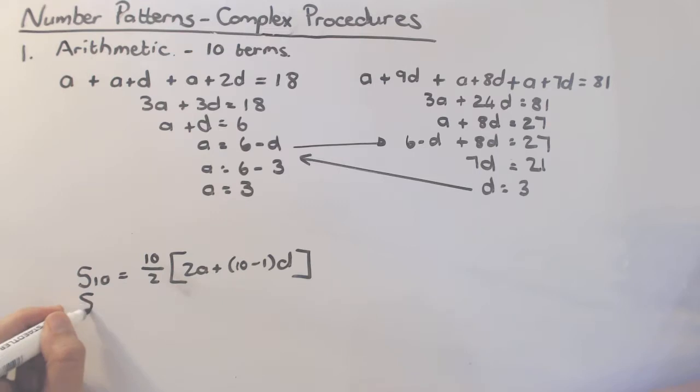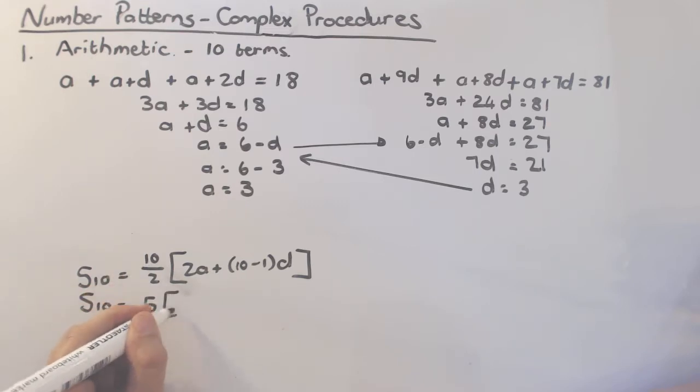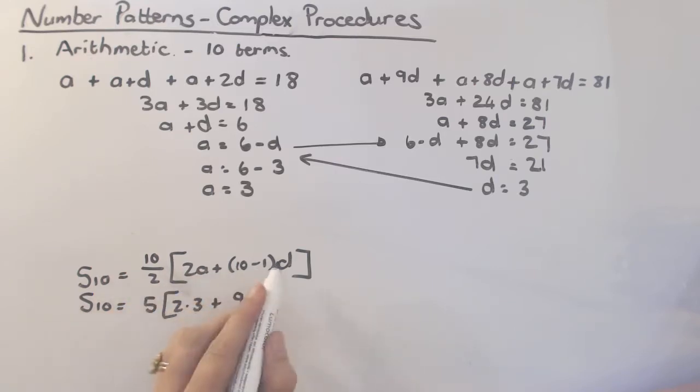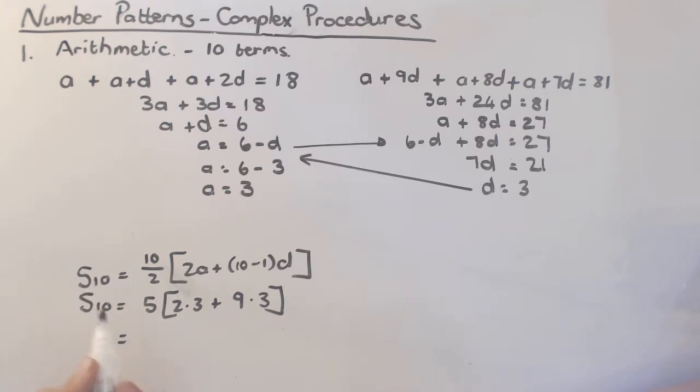All right, and then I've got 10 over 2, which is 5, times 2a, which is 3, plus 9d, which is also 3, and now it's quite a simple equation. You can really just enter this into your calculator. But this is 6 plus 27, which is 33.